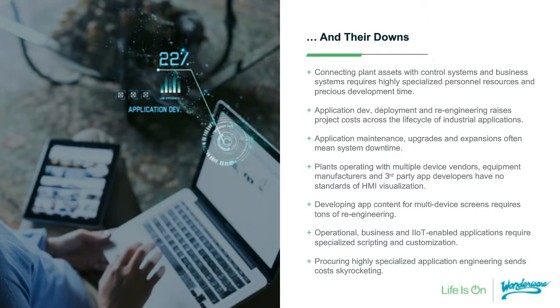Developing app content for multiple device screens requires tons of re-engineering, or ultimately isn't done at all, which has severely diminished the ability for people to leverage mobility throughout their applications and systems.